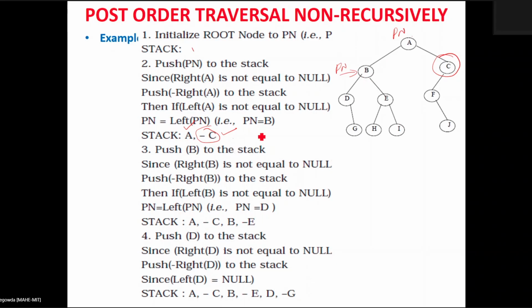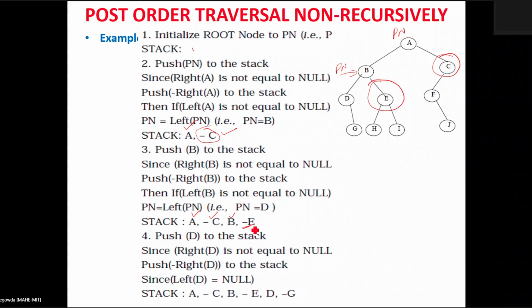Now you are at B, so you push the B value onto the stack. Previously we had A and minus C, and now B is also pushed. Then I check whether the right subtree is there for B. Since it is there, I negate the right subtree and push it onto the stack, so minus F is appended.